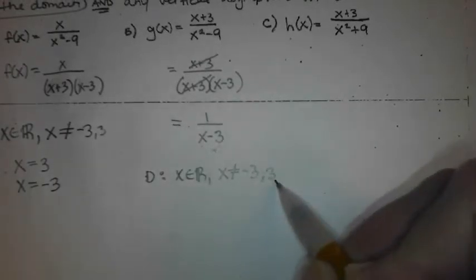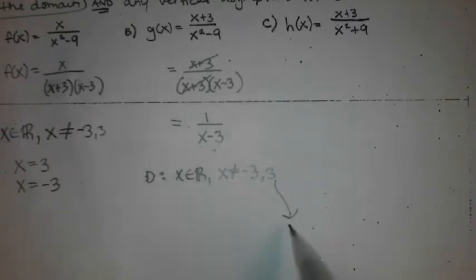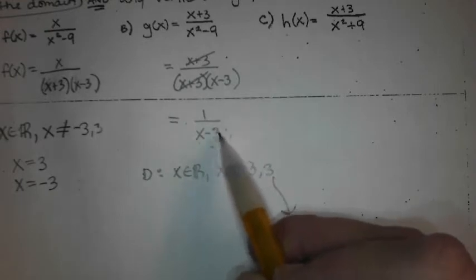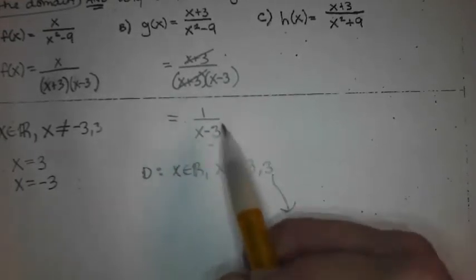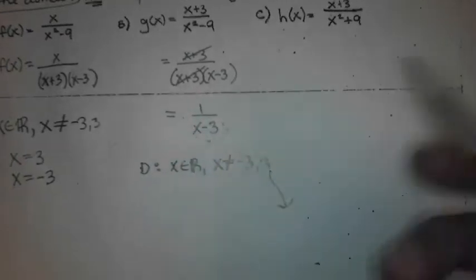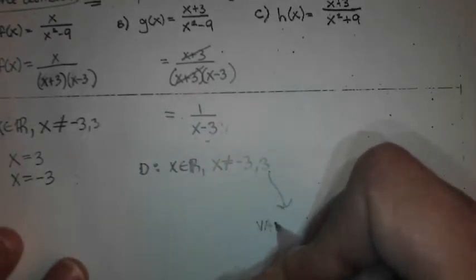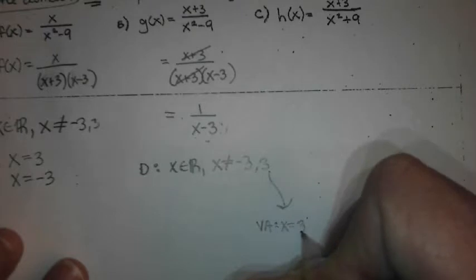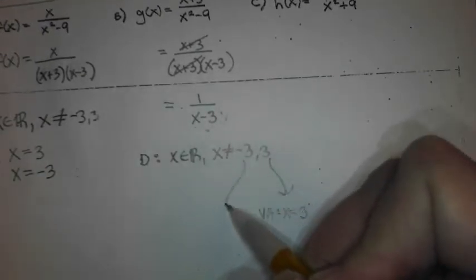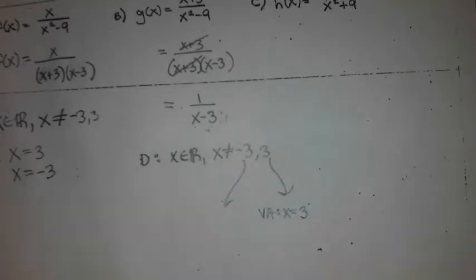This one, pay attention here, because it still is undefined even in the most simplified version. If it's still undefined at x equals 3 in the most simplified version, this is still a vertical asymptote, x equals 3. This one, however, is not a vertical asymptote.